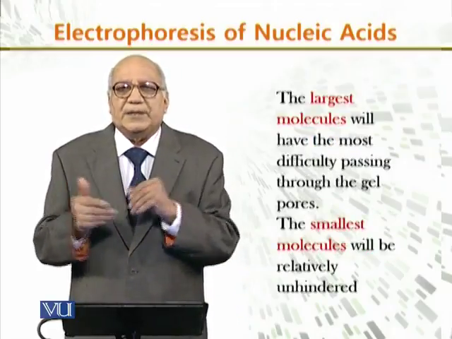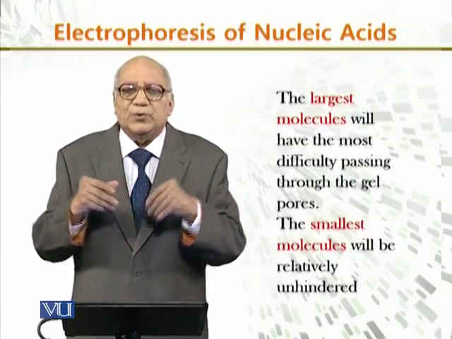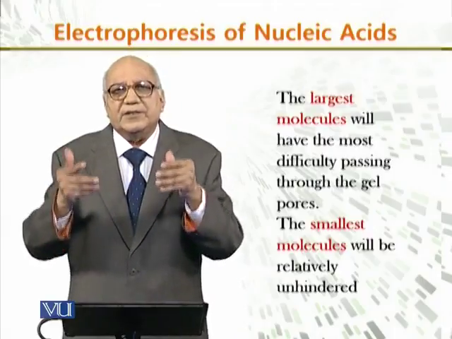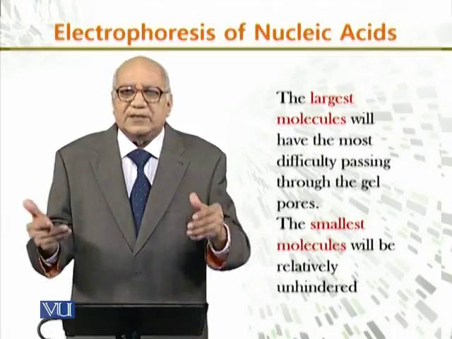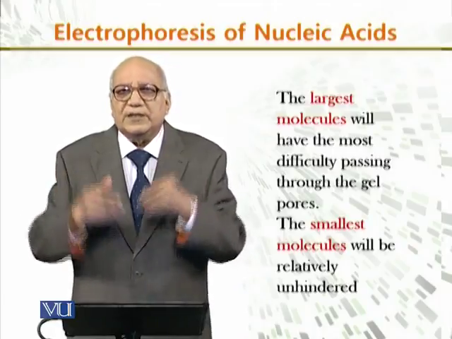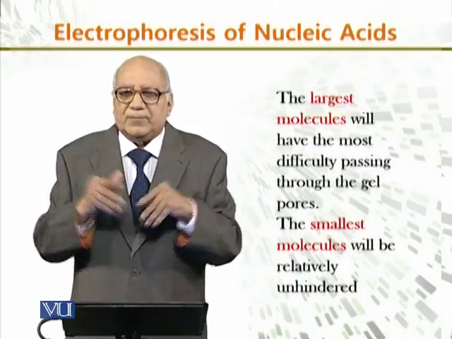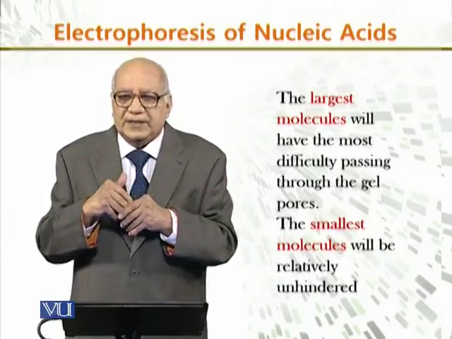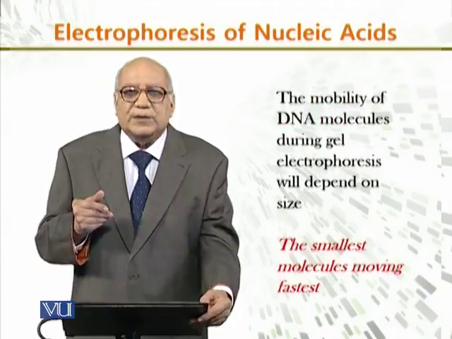The largest molecule will have the most difficulty in passing through the gel pore. It is just like a sieve, where the larger molecules are retained and the smaller size DNA is allowed to pass. The smallest molecules will be relatively unhindered. They will pass easily through the gel.